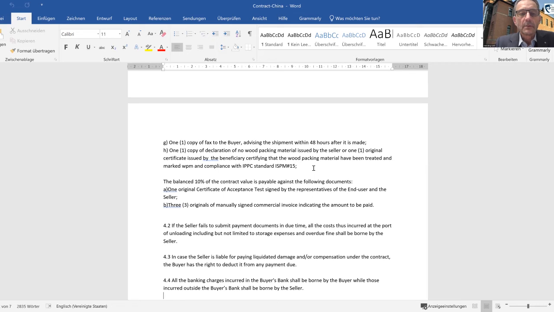Are one of these critical? The fax, for example. How will you prove that you have sent the fax as the exporter?